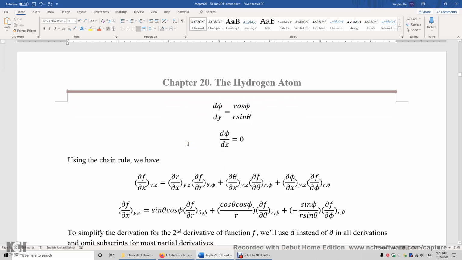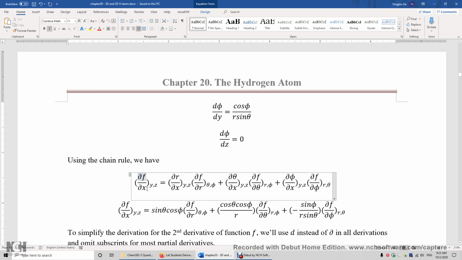So we can convert the first derivative of a function with respect to x to, over here, how this function depends on r, theta, and phi. Well, why is that? If you change x, you are trying to get the change of f. So how does this function f change with x?